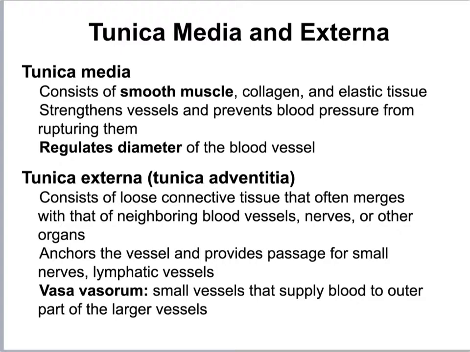So the tunica externa of an artery may kind of meld with the tunica externa of a neighboring vein, and the epineurium of a neighboring nerve, and it may actually have much smaller blood vessels or even capillaries running through it.